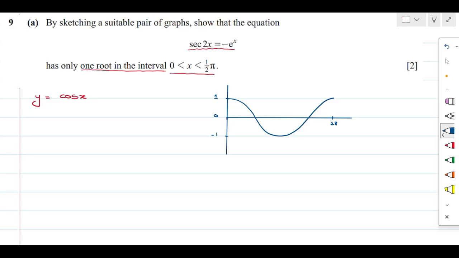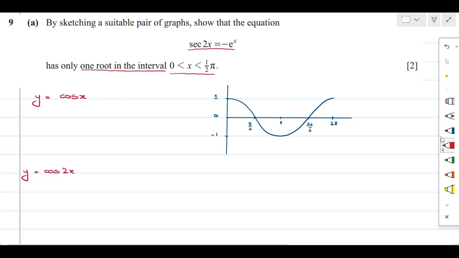So cos of 0 is 1 and this value is pi by 2 and this is pi, and then 3 pi by 2, and then 2 pi. This is one complete cycle for the cos, right? But we need cos 2x, right? So the second thing is y equals to cos of 2x. So what happened?